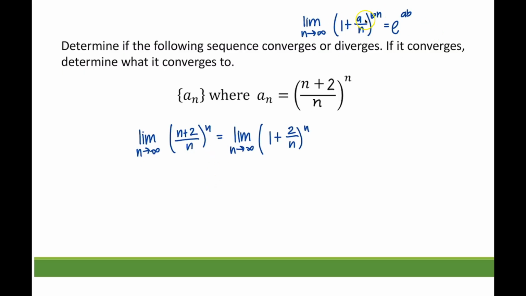So now I do have this form where a is equal to 2 and b is equal to 1. So this limit is equal to e to the 2 times 1, or just e squared, which is a real number. So that means that this sequence converges, and it converges to e squared.